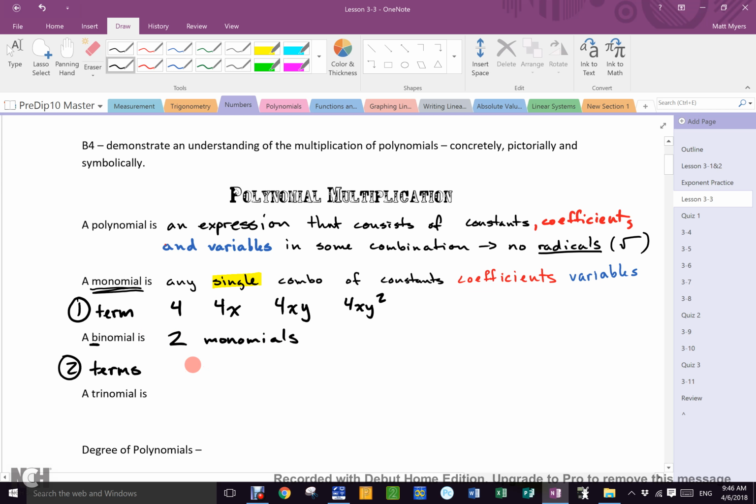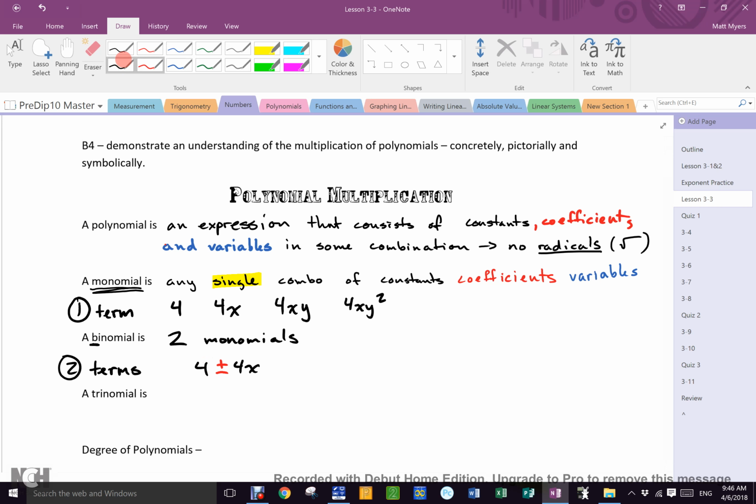So 4 and 4x are both single monomials, but if I put a plus or minus in the middle, now it changes the value, yes? Because if I tell you that x is 2, then you need to do more stuff than that to find an answer, don't you? So that's why that becomes a binomial. If x is 2, the answer here is 12. But you don't know it until you go to a second monomial. Is everybody with me? Excellent.